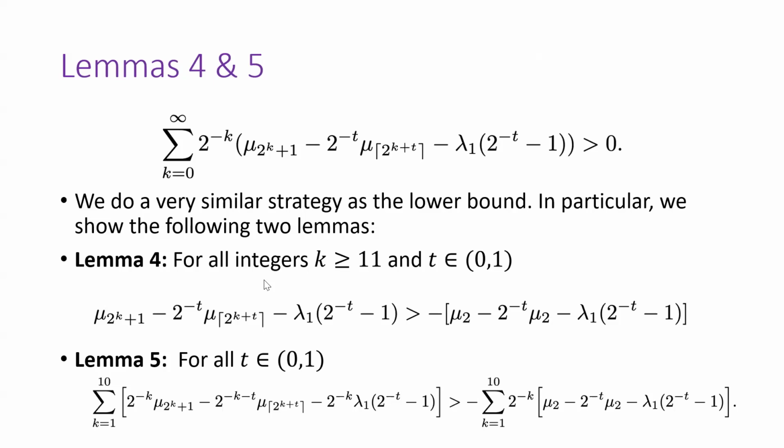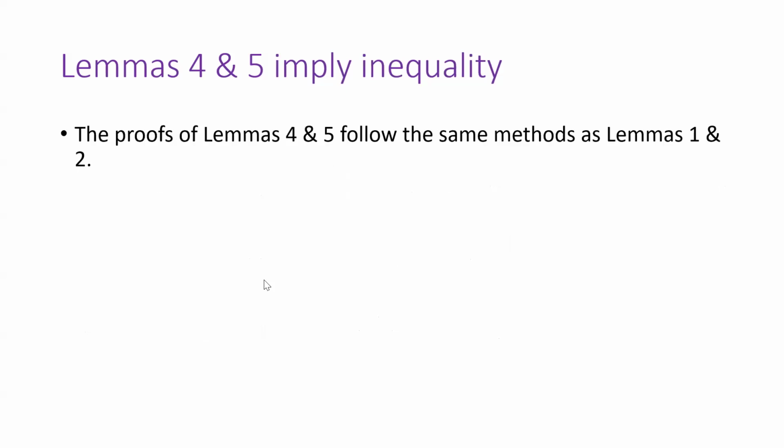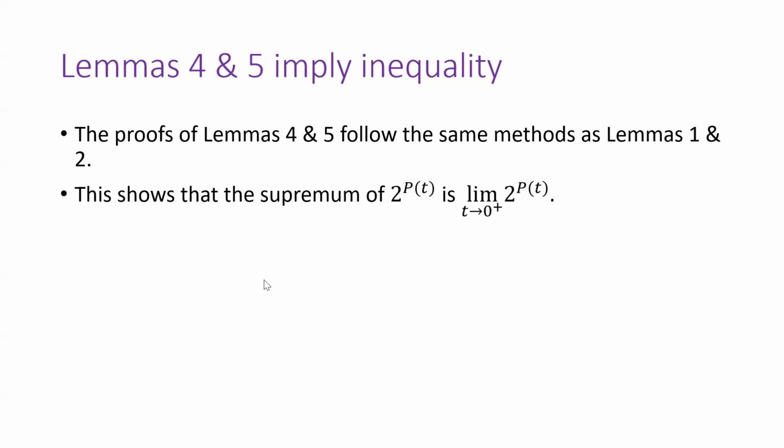You use the exact same methodology, where you reduce this to an inequality that just depends on the size of mu, and then this one you can check computationally. And now, assuming they're true, the entire thing works out. We won't prove lemma 4 or 5 because it's pretty similar to the proof of lemma 1 and 2. So now we can say the supremum is the limit as you take T to 0 from the right.